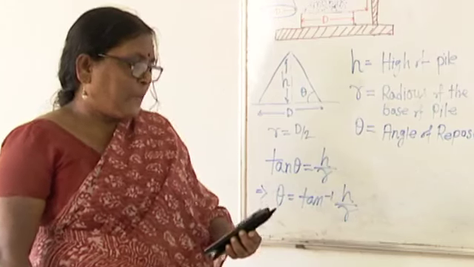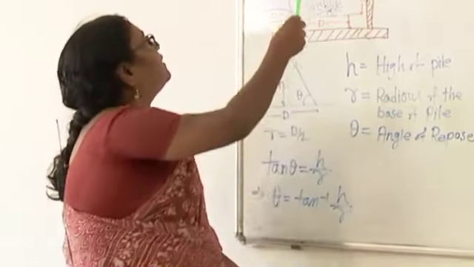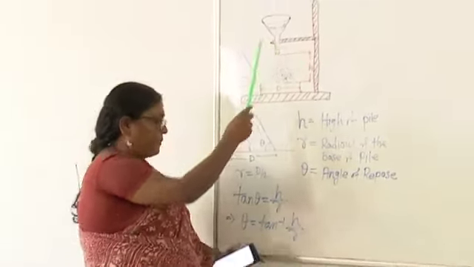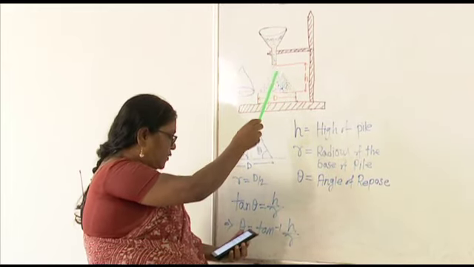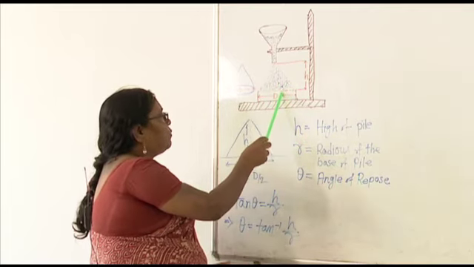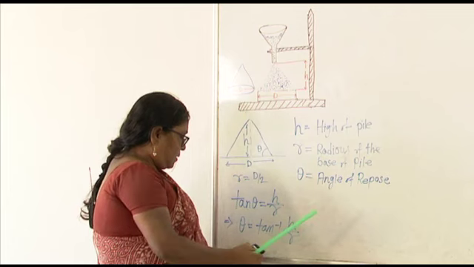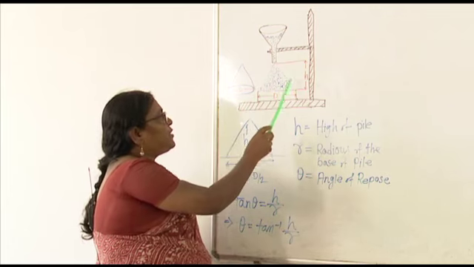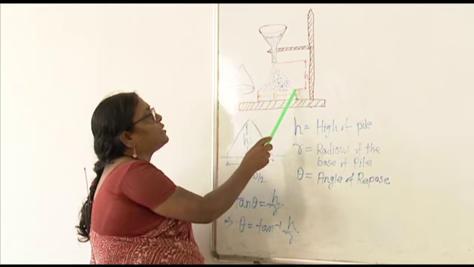In the actual experiment, we will fill a funnel with a fine material, some particles. As the material passes through the stem of the funnel, it will hit the ground and this heap will be formed. After the entire material has flowed through the funnel, we will measure this.